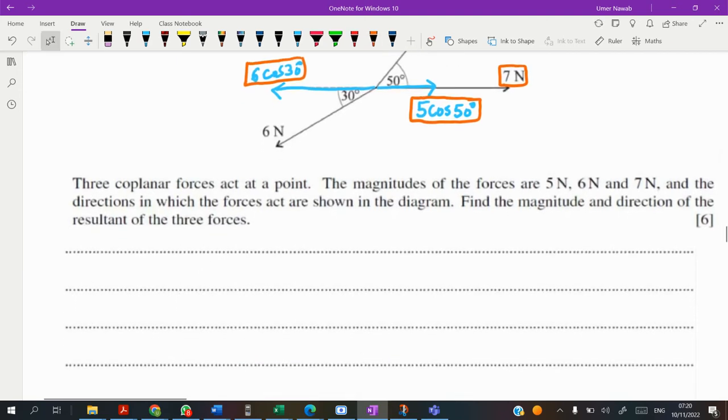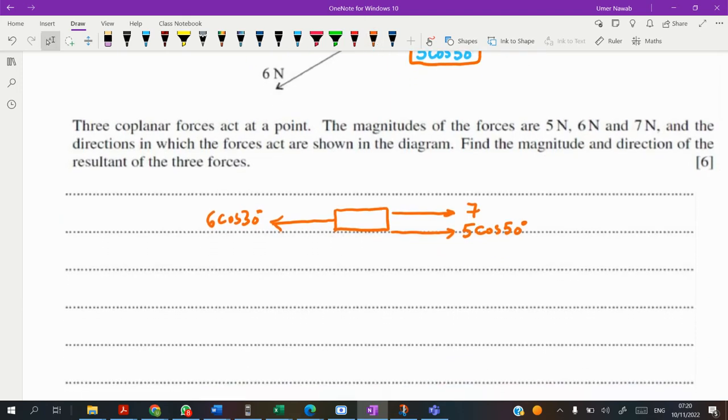It tells you there is a body, two forces are acting on the right hand side and one force is acting on the left hand side. This is the 7 Newton force, this is 5 cosine of 50, and here 6 cosine of 30 degrees.